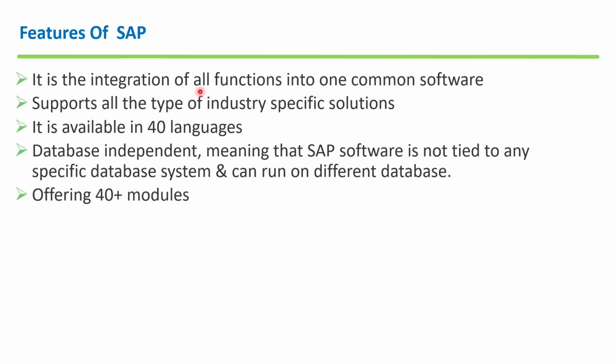It means all departments like material management, production planning, vendor invoice management, sales and distribution have been integrated into one system. It supports almost all industry specific solutions because it is offering 40 plus modules.